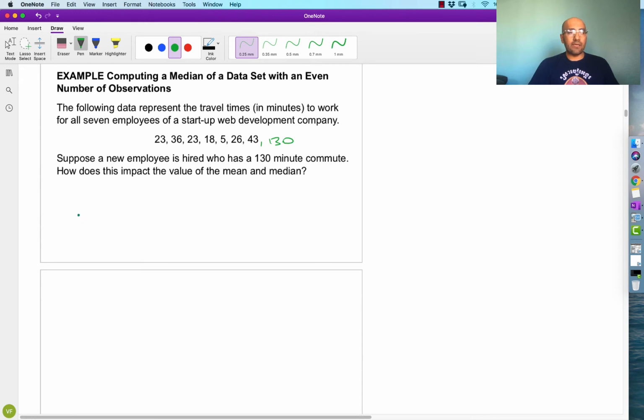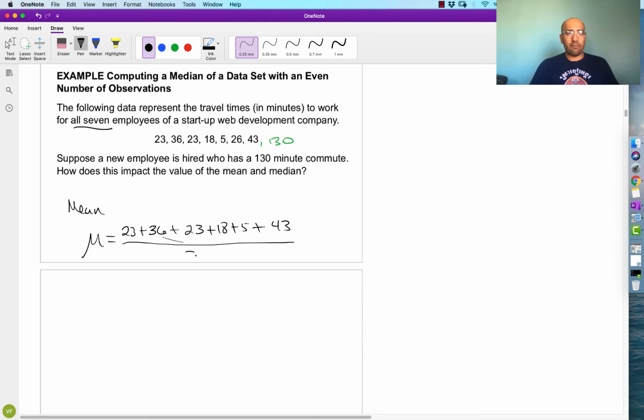that impact the mean? Well, the mean before hiring the new person, and this is all 7 employees, so that means that the mean is a mu. It's everybody, it's the population. Well, we did that before. 23 plus 36 plus 23 plus 18 plus 5 plus 43, all of that divided by 7.